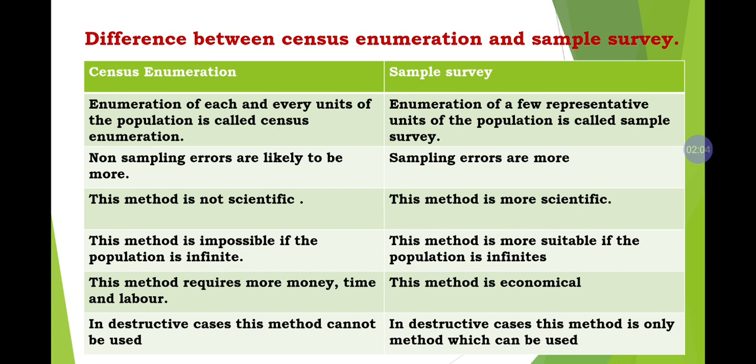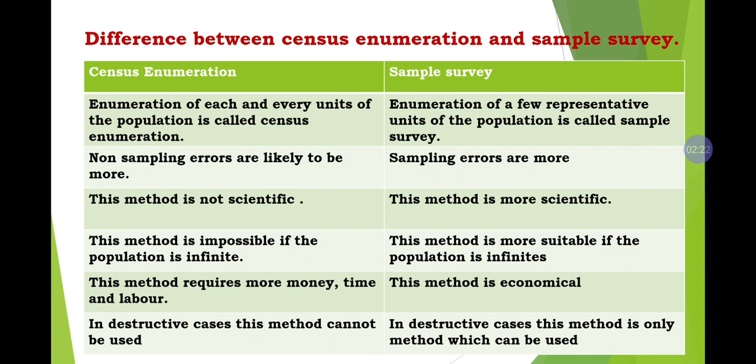Sampling error is where false information will be there. In the sampling or survey method, sampling errors are more. Error is a mistake. When I take 20 people randomly from a group of 100, those people may not know what information I am taking.